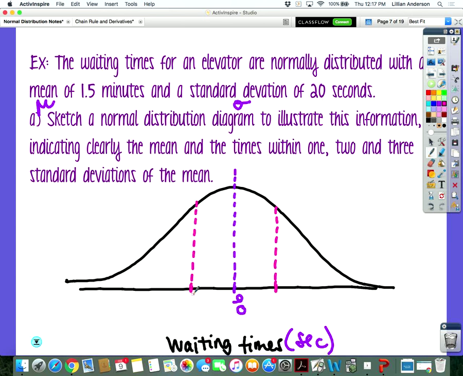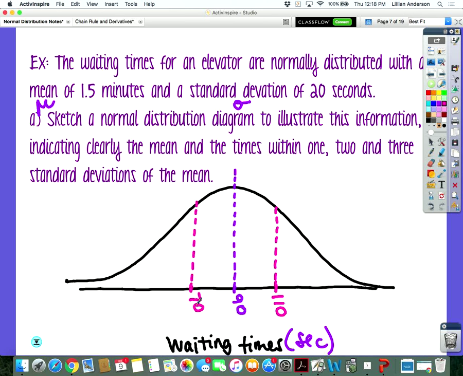What's 90 plus your standard deviation? 110. You add it to your mean, so that's 110. And this one is gonna be what? 70, because you're gonna subtract a standard deviation from your mean. You see how it's coming together?